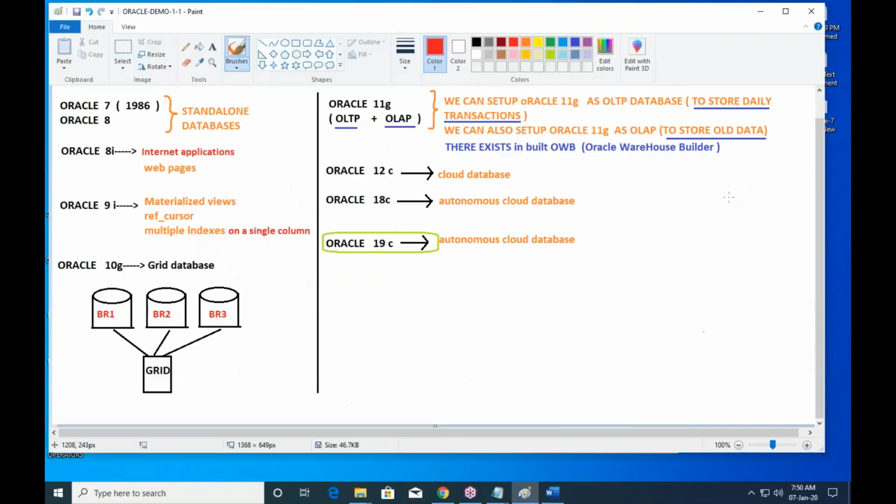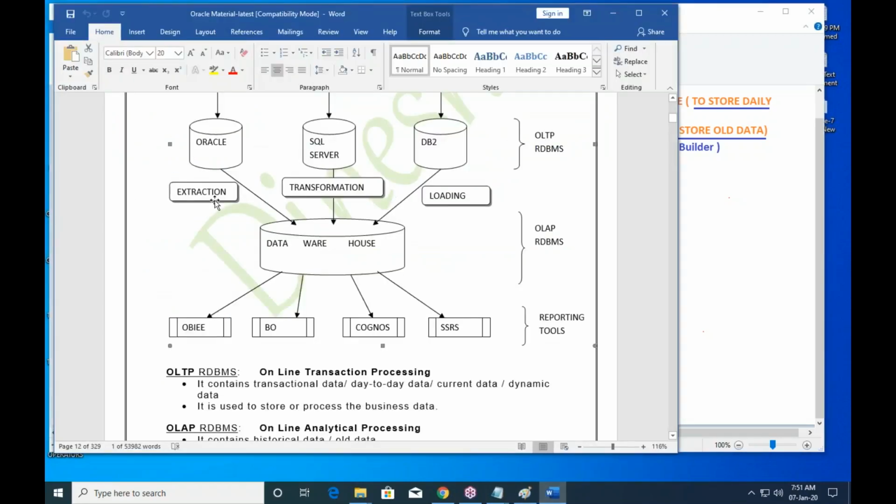But in 11G, there is a huge revolution. You can set up 11G to store OLTP data and also to store OLAP data. Understand? You can set up 11G as an OLTP database and also an OLAP database.